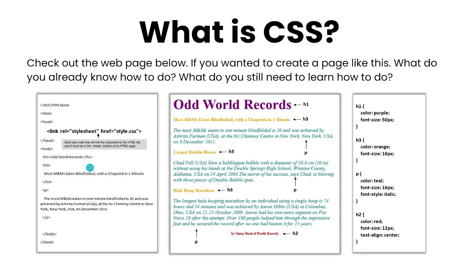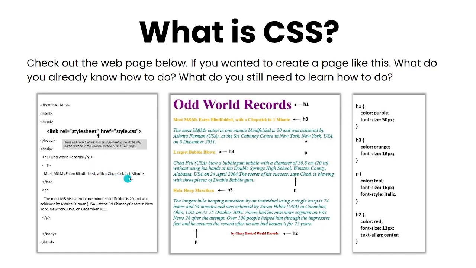But if we look at this and look at the browser, here is an H1, and as you can see, it has been changed, and the color is now purple, and the font size is 50. So by selecting this element H1, we can style that code and change the look of it.